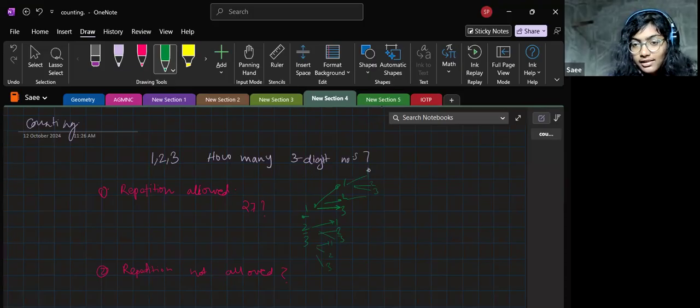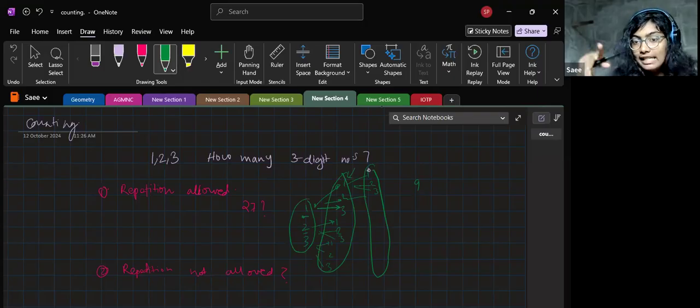So in total, first you have these three. Then if you consider the first digit and the second digit, you get 3 times 3, which is 9. And if you consider the options for the last digit as well, for each of these 9 two-digit numbers you have three more three-digit numbers corresponding to it.